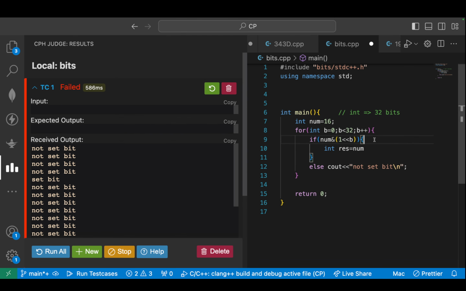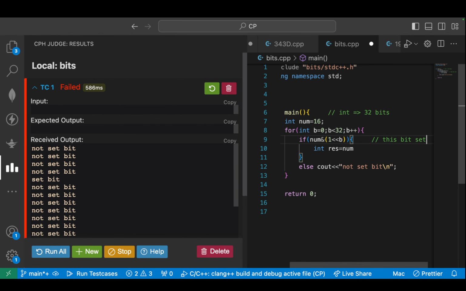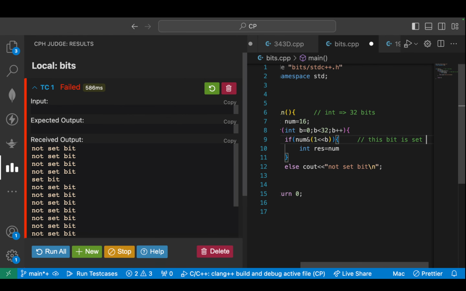If I'm coming inside this block, then this bit is set. I just want to unset this bit. If you remember, when we XOR two numbers and a particular bit is set in both, it becomes unset. So we can use XOR over here: num XOR 1 left shifted b times.